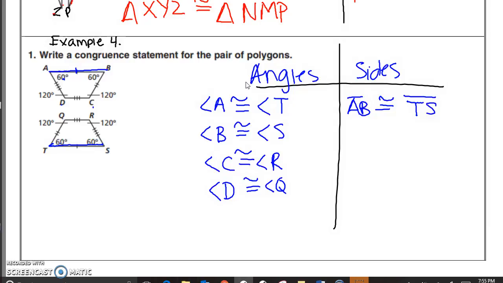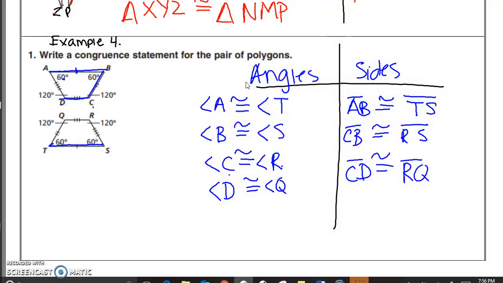Okay, then looking at the side with 2, we've got CB is congruent to, and the angle that's congruent to C is R, so RS. Okay, and then kind of going around here, 3, we've got CD is congruent to, C corresponds with R, so RQ.